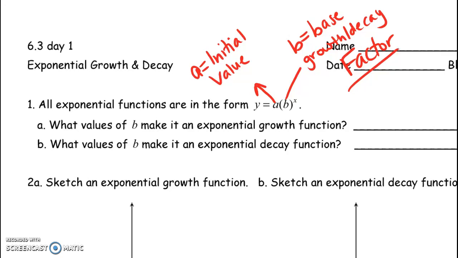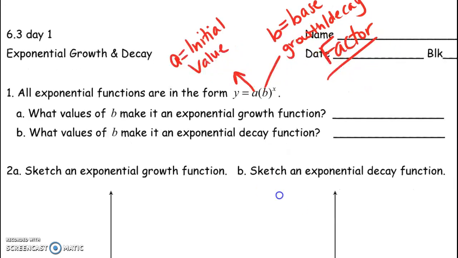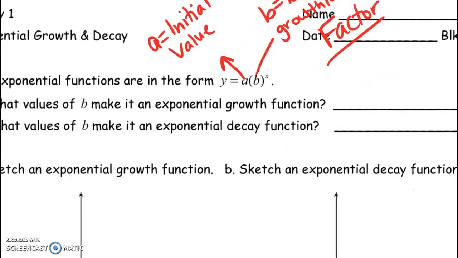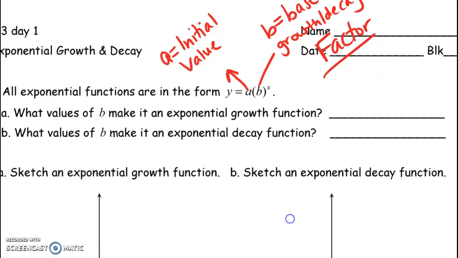So we multiplied by 2 over and over and over. X is the exponent, and it just tells you how many times you were folding the paper or multiplying by 2. What values of B make it an exponential growth function? Can anybody answer that question? What value of B makes it an exponential growth?